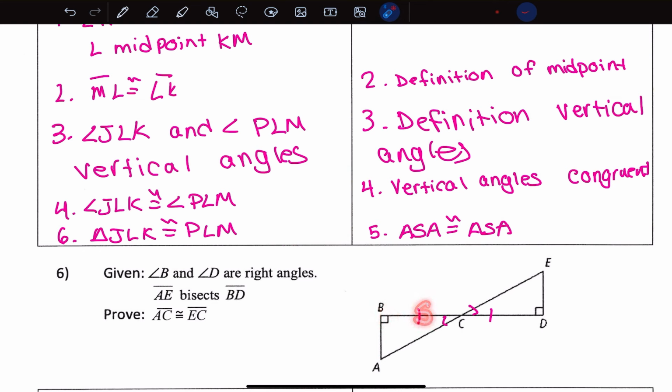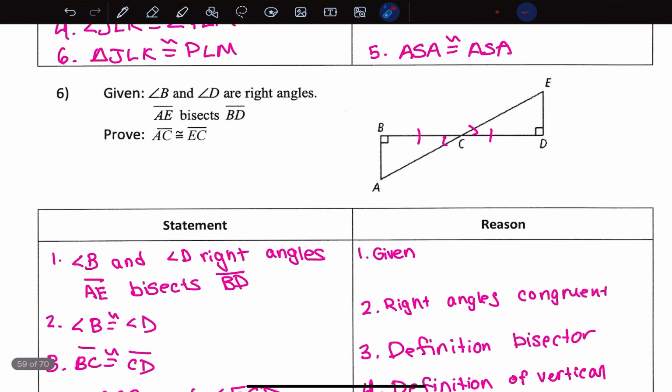These sides are congruent based off the definition of a bisector. And these angles are vertical and therefore congruent. Again, I've just laid out my proof. I will then be able to use ASA, angle side angle, to prove the triangles are congruent, and then CPCTC to take that segment out and say that the corresponding parts of congruent triangles are congruent.